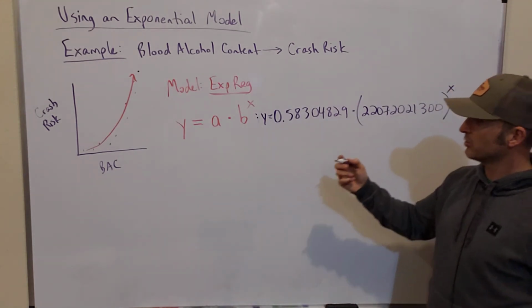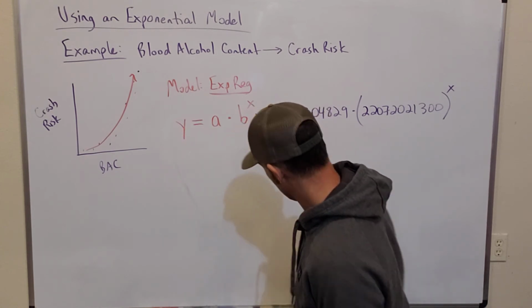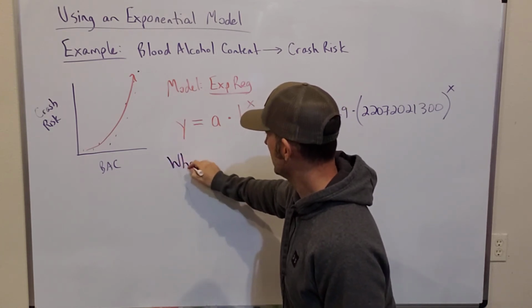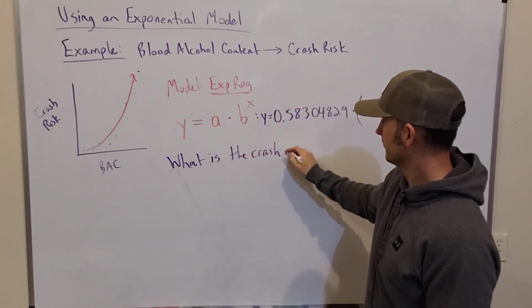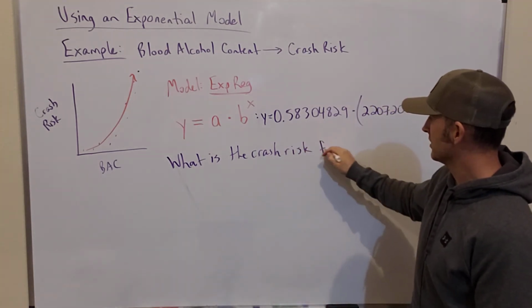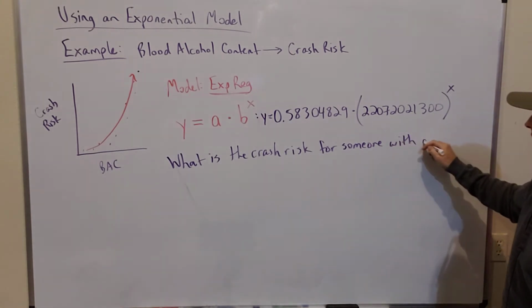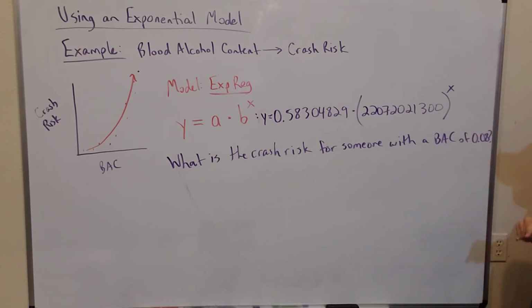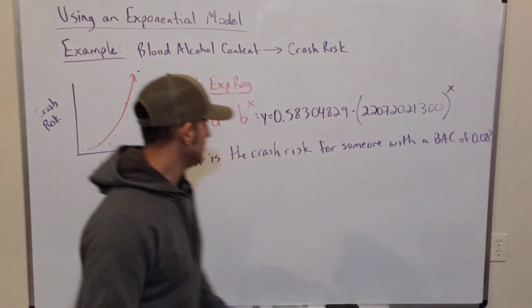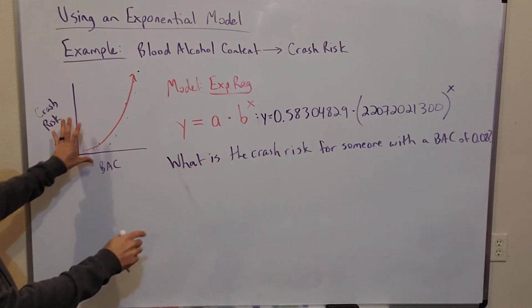Now we can ask the question: what is the crash risk for someone with a BAC of 0.08? All we're going to do to figure that out is understand what a BAC is in this diagram.